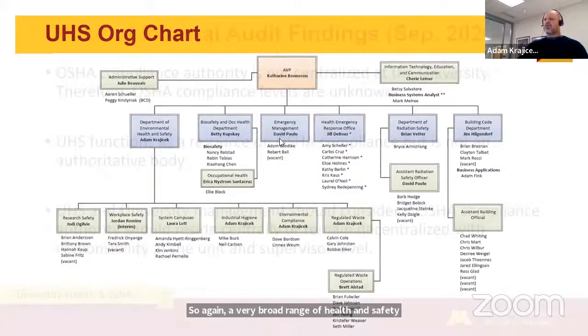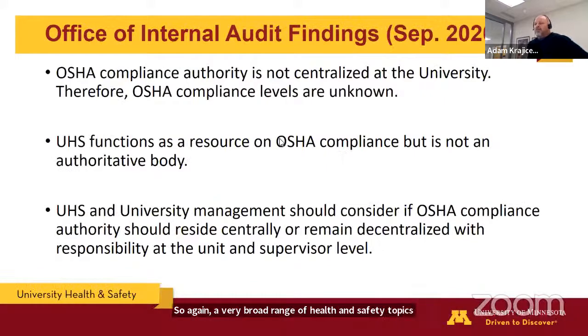Where the idea of this policy started was back in 2020, when our program was audited by internal audit, and they had some findings related to OSHA compliance. Their findings were that OSHA compliance authority is not centralized at the university, therefore OSHA compliance levels are not known.